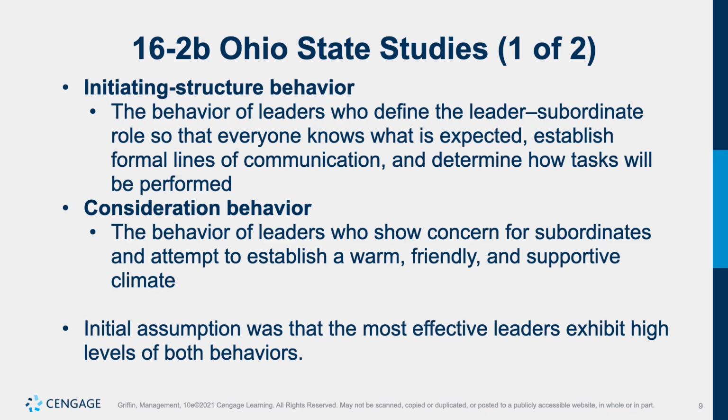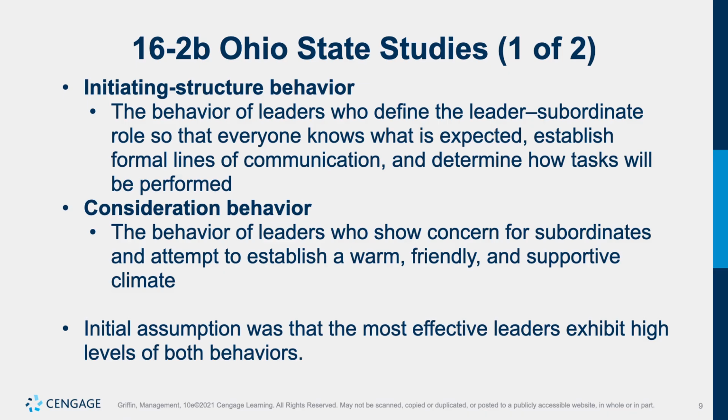Ohio State Studies. Now, the research conducted at Ohio State University suggested that there are two basic leader behaviors or leadership styles, right? And they include the initiating structure behavior and the consideration behavior. The initiating structure behavior is the behavior of leaders who define the leader-subordinate role so that subordinates know what is expected of them.